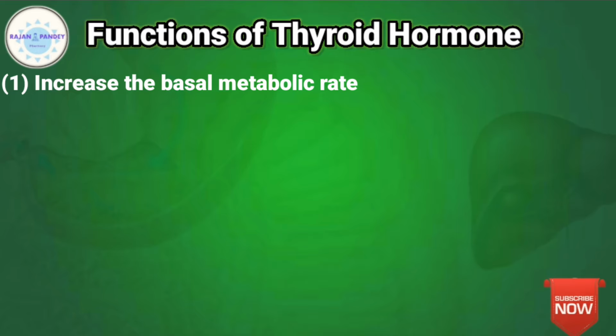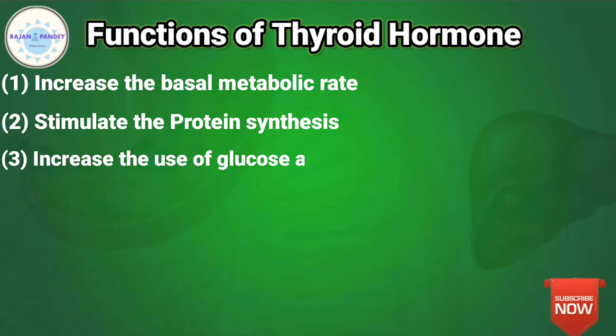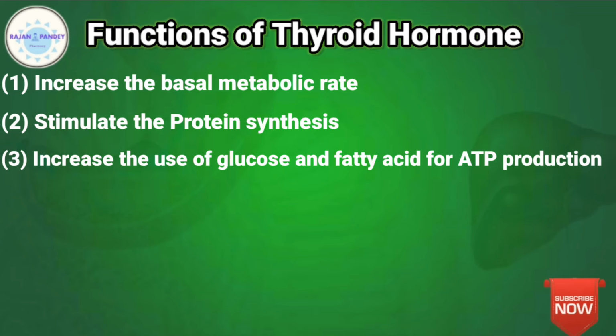The next function of thyroid hormone is to stimulate protein synthesis in our body. It increases the use of glucose and fatty acids for ATP production. Thyroid hormone stimulates lipolysis. Lipolysis is termed as the breakdown of fat into its constituents by hydrolysis.